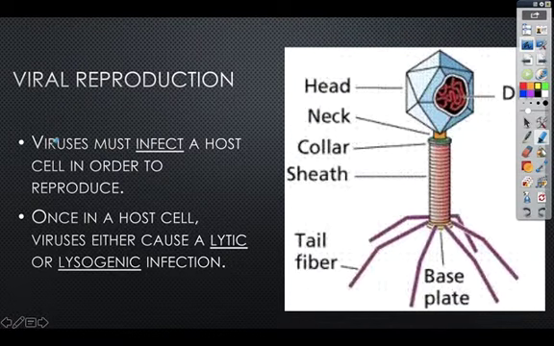So one of the things that makes viruses different from living organisms is that they must infect a host cell in order to reproduce. They can't reproduce on their own. Now, once they're in a host cell, they're either going to cause a lytic or a lysogenic infection.